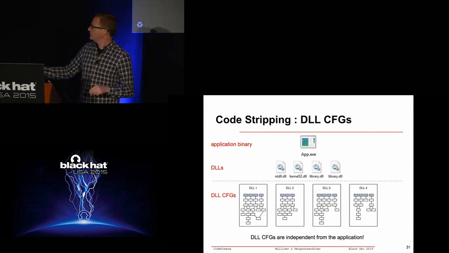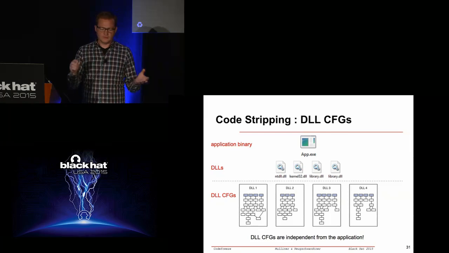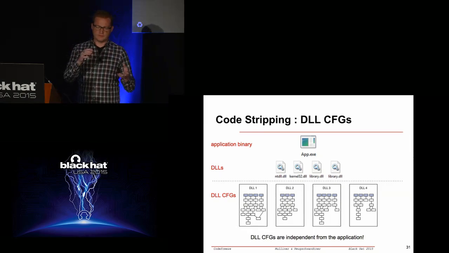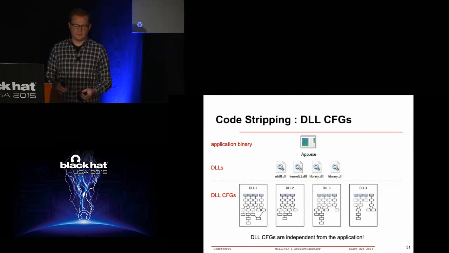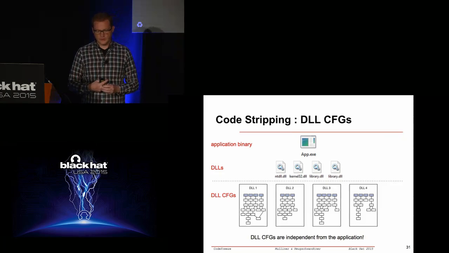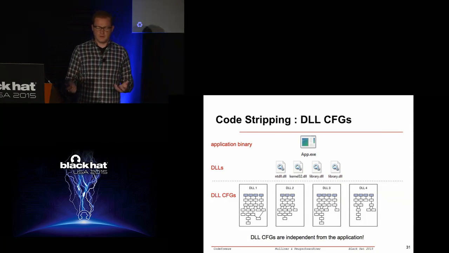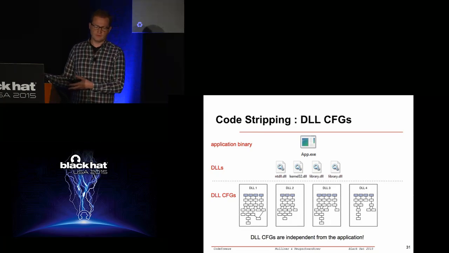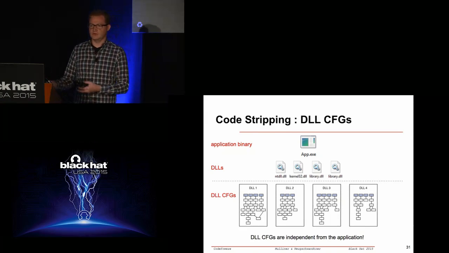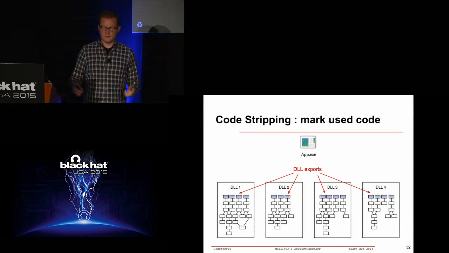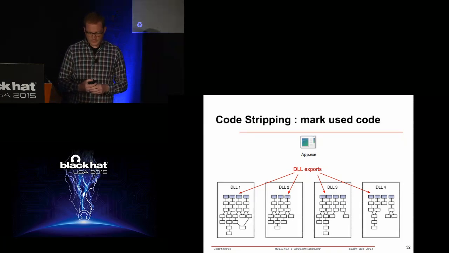There are gray bubbles in the beginning, and those are the program's exports, and the other nodes are other parts of the code that are used by these exports. The control flow graphs of the DLLs are independent from the application. For example, we generate this for NTDLL, KernelDLL, and so forth. So this part has to be done only once.